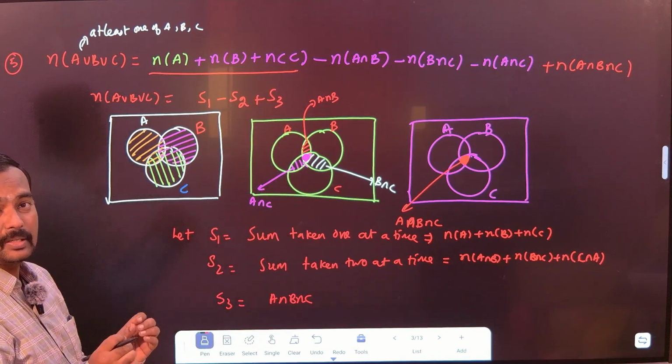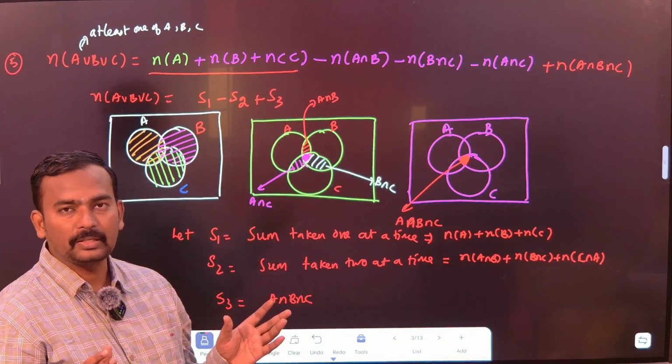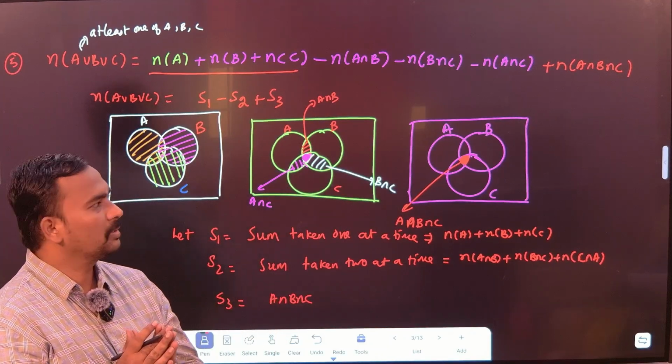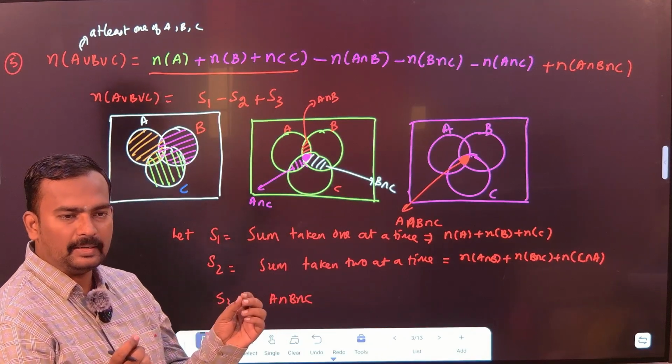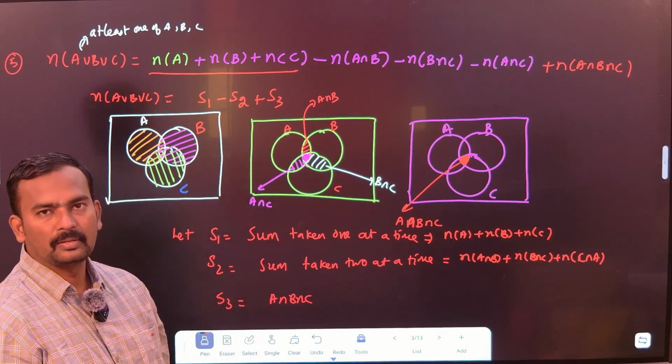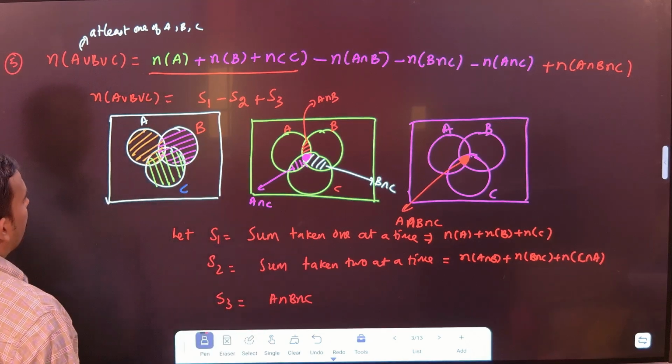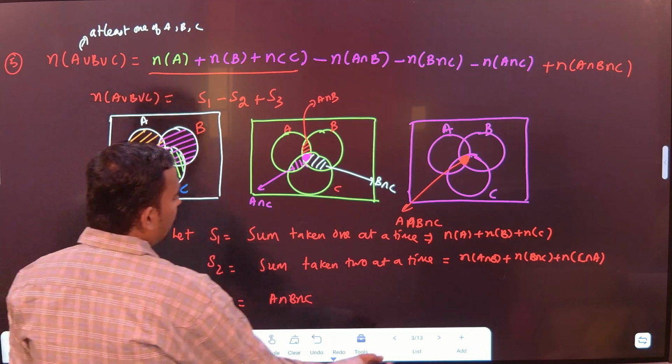This is called the inclusion-exclusion principle. Inclusion means adding, and exclusion means subtracting. Understood?